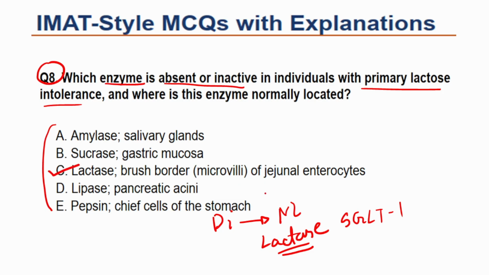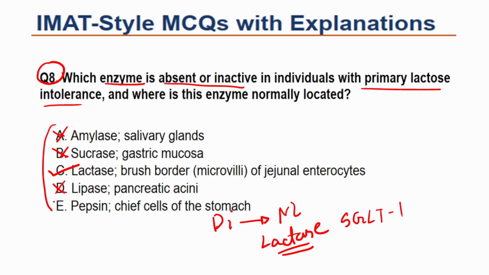Let us verify the errors in the alternative selections to lock in our enzyme locations. Option A is incorrect because salivary amylase is an oral enzyme that initiates starch breakdown in the mouth, having no interaction with lactose bonds. Option B is incorrect because sucrase is a brush border enzyme specialized for splitting sucrose, and it is entirely absent from the gastric mucosa, which handles protein denaturation instead.